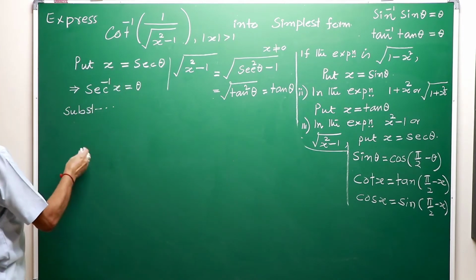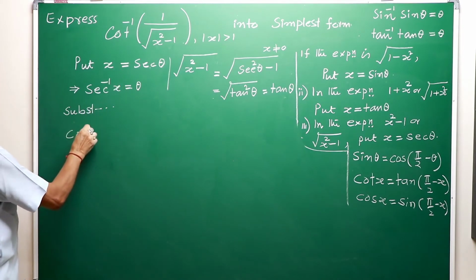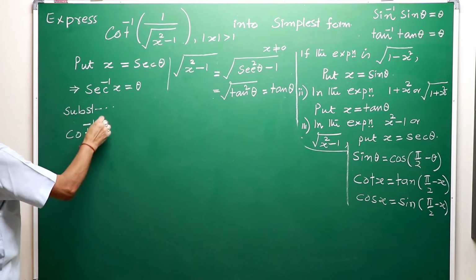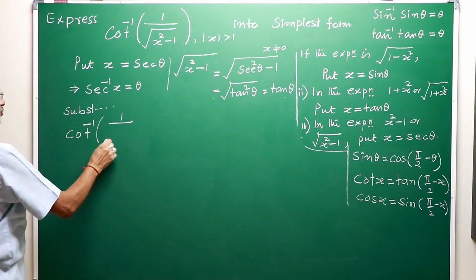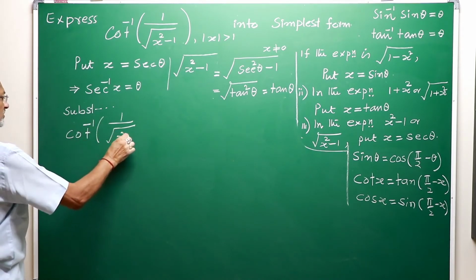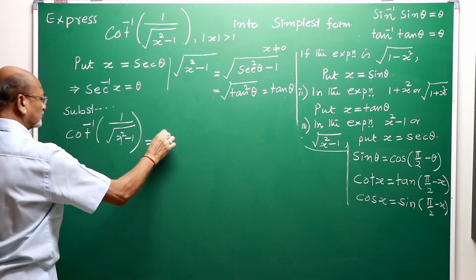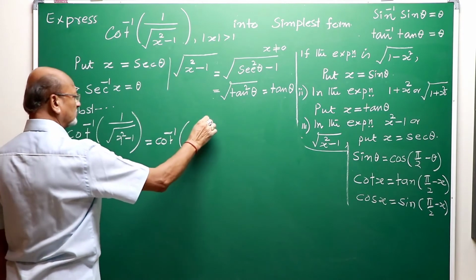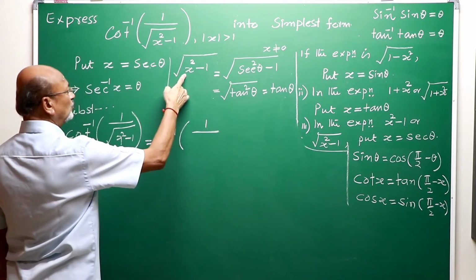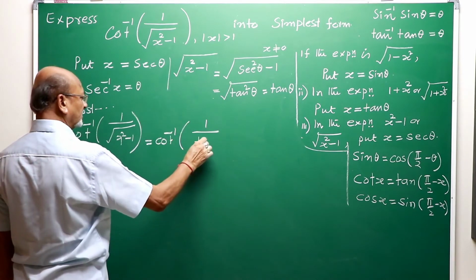In the given expression, you have cot inverse of 1 upon root x square minus 1. Root x square minus 1 is tan theta.